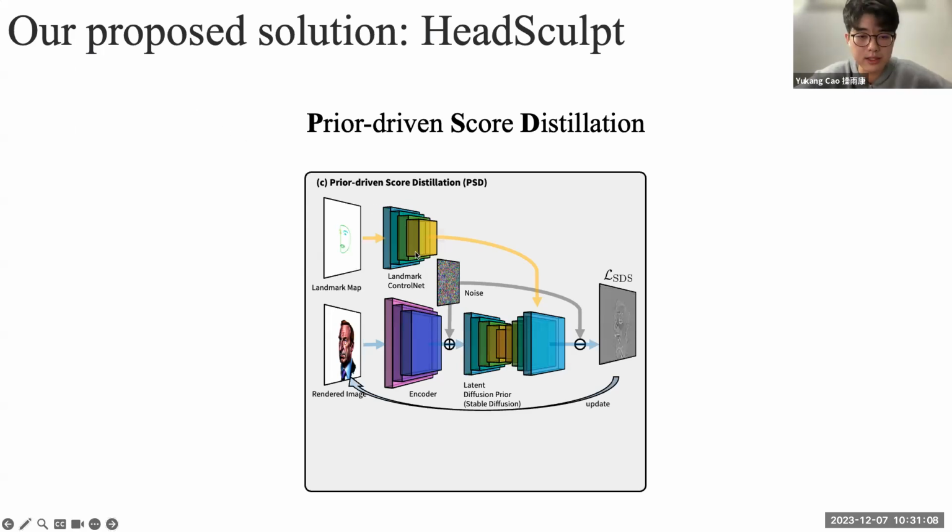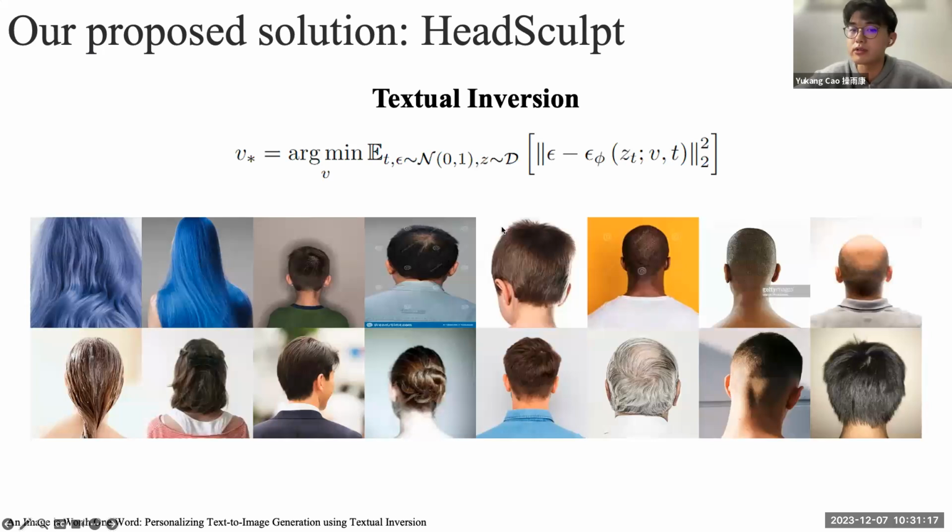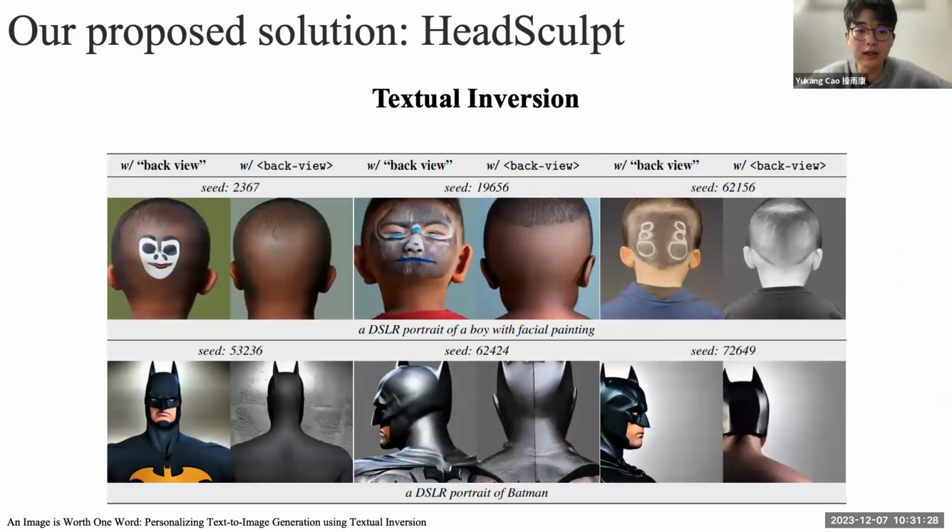To address this issue, we have applied the textual inversion technique to learn a text embedding for the back view. Specifically, the textual inversion is optimized via these images, and the result with a learned text embedding replaces the words back view during the training. Then by using the back-view textual inversion, we can already notice the improvement in the 2D image generation, as seen in these examples.